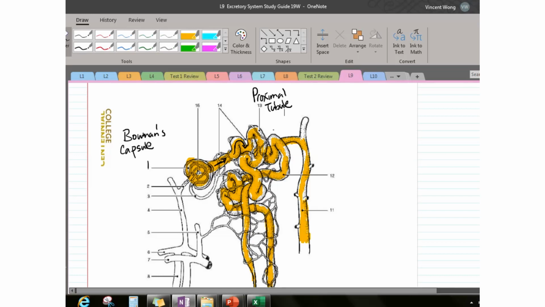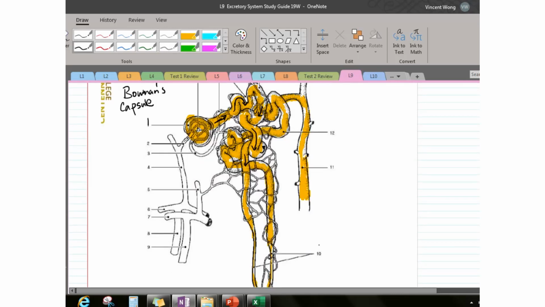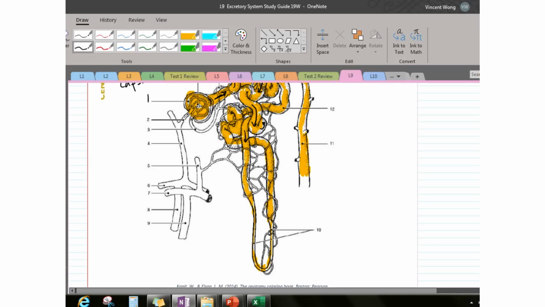Okay, so if you follow the proximal tubule, which is all twisted up, eventually you're gonna end up in the descending limb, followed by the ascending limb, and together we call that the loop of Henle.